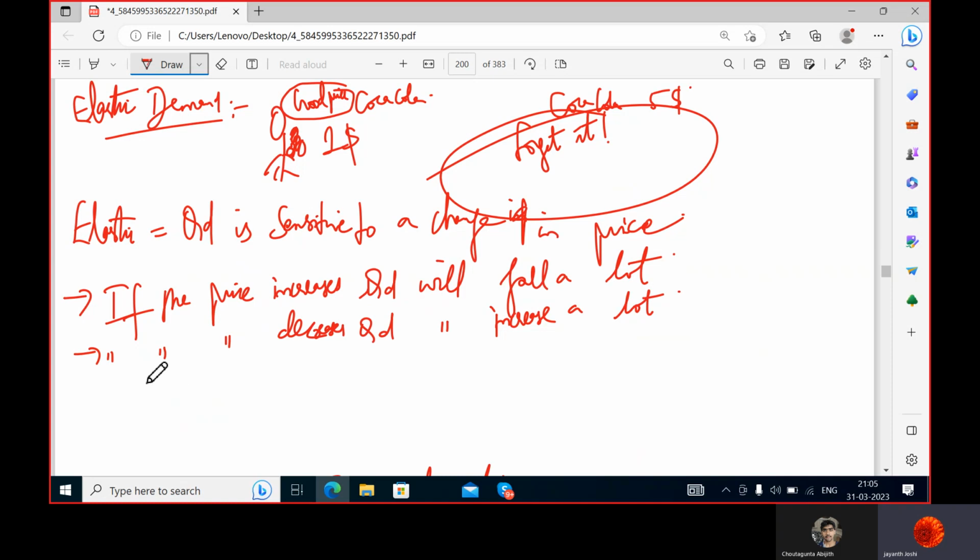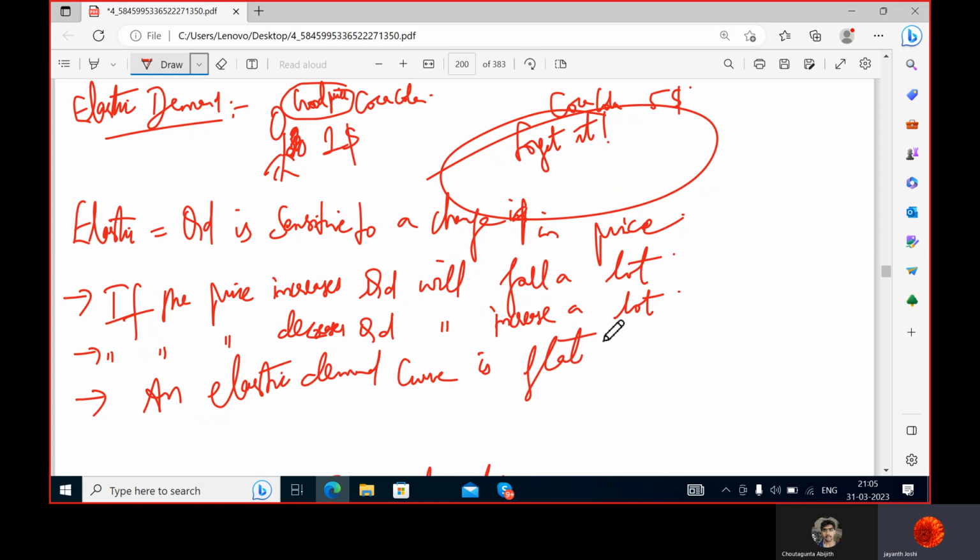Okay. So can you give me some examples of elastic demand? And one of the things: an elastic demand curve is flat, not steep. I'll give a diagram to you.